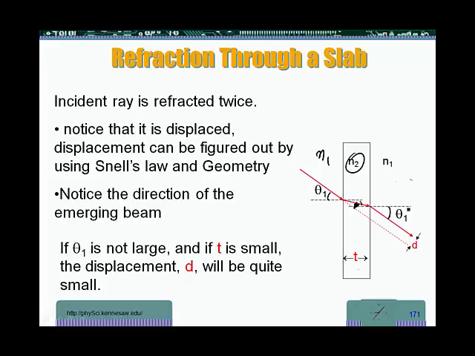Here the graph claims that the new angle that the beam is going to have with the normal is going to be the same as the original angle of incidence. We'll try to explain that in a little bit. But the bottom line, just because of the path it's going to travel in the slab, the beam is going to be displaced.